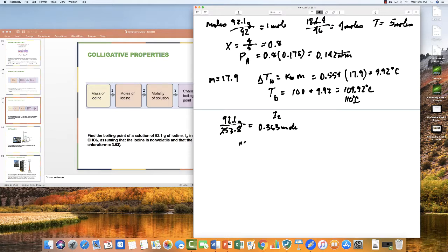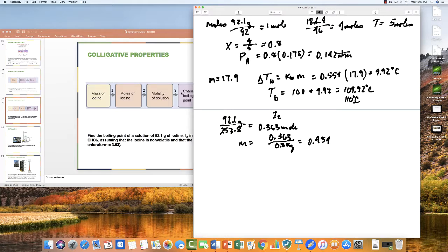Now step 2, molality is going to equal the moles divided by the kilograms of solvent. In this case, it was 800 grams, you can't see it here, which is 0.8 kilograms of chloroform. So the molality is going to be 0.454.